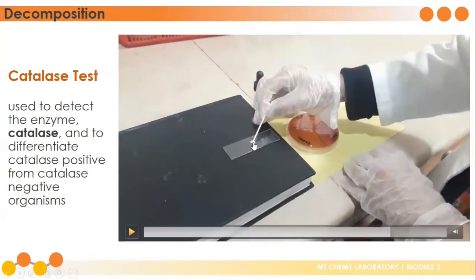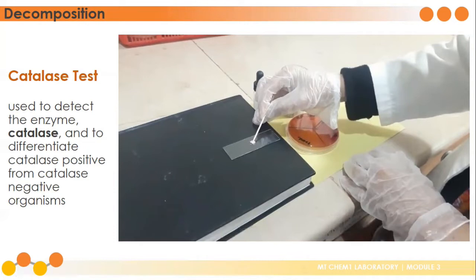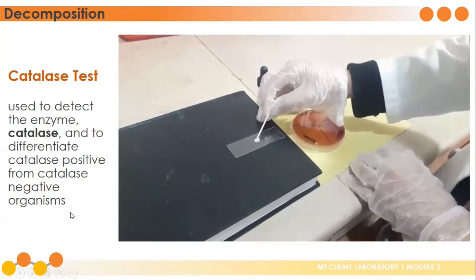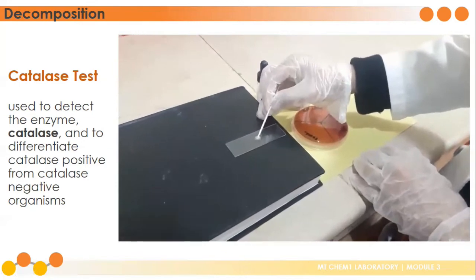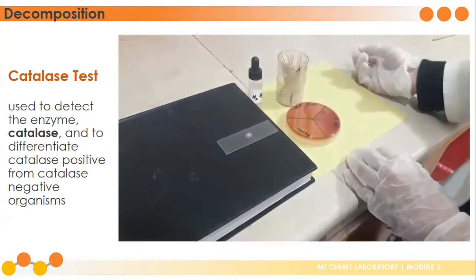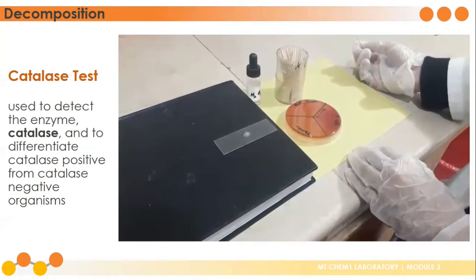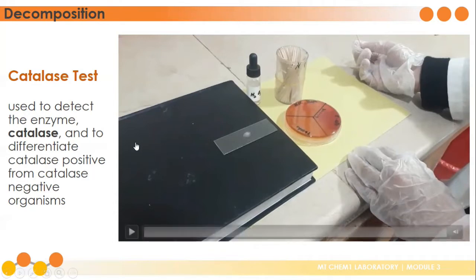If you can observe, this white particle indicates that there is a production of gas because there is a formation of bubbles. The production of gas indicates that the microorganism tested is positive to the enzyme catalase. Again, you simply need to observe if there is a formation of gas upon adding hydrogen peroxide.